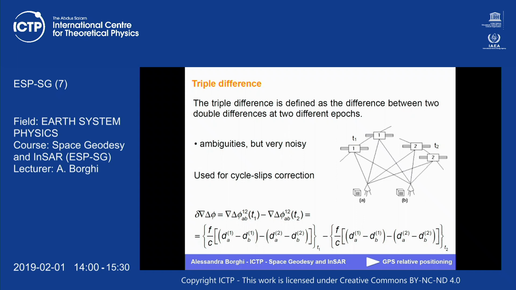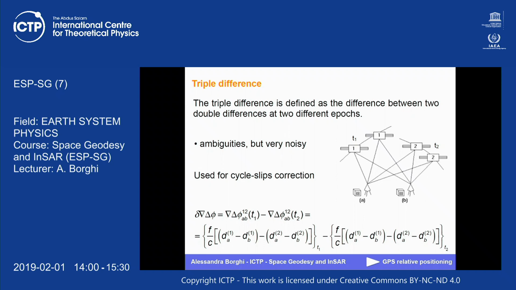So you start with your receiver, you compute the first solution using the code observations to obtain a priori coordinates if you don't know anything about the position of this station. We are going to see why we need a priori coordinates, approximate values for the coordinates. And after, you can decide to connect a site with another site and build the double differences and so on.